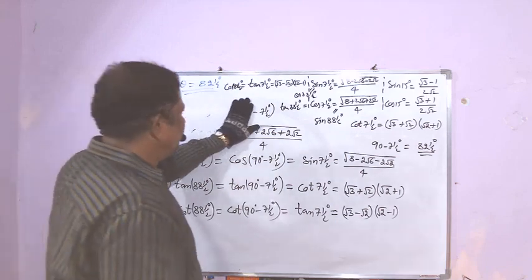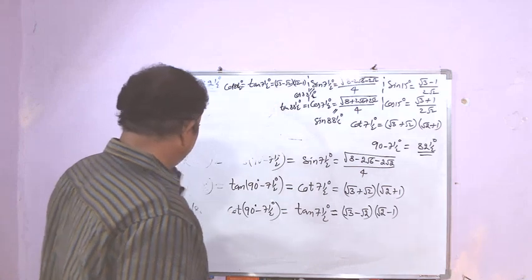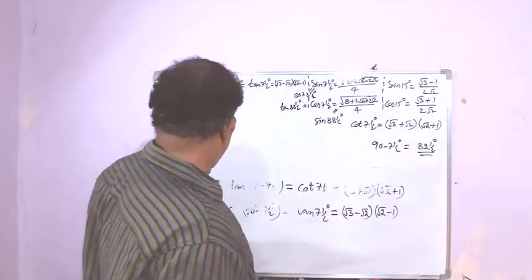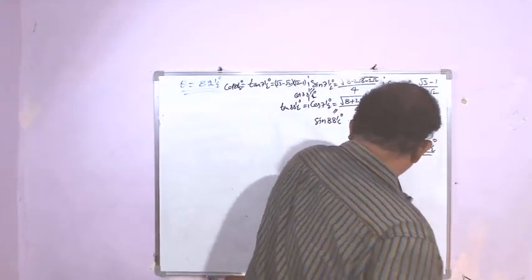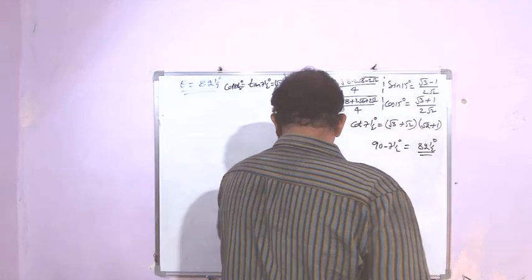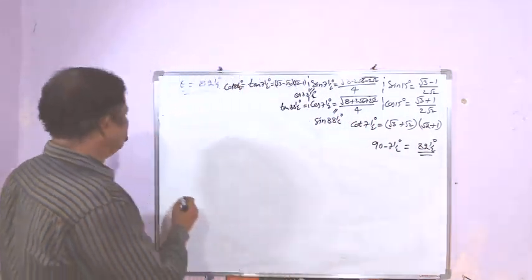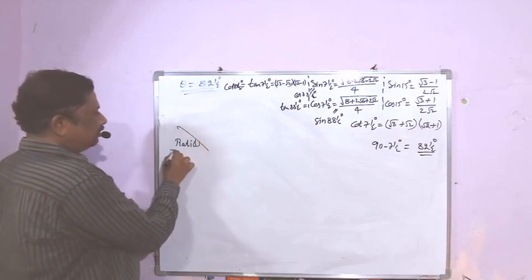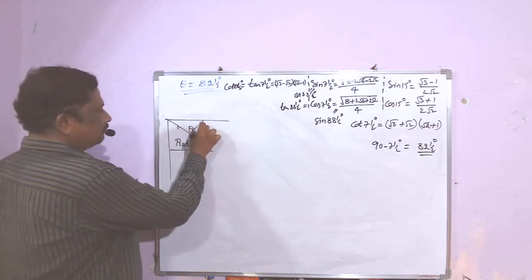Next, we will make a table of this one. We will put all those things in the table. First, we take ratios in one column, and theta, the angle, in another column.